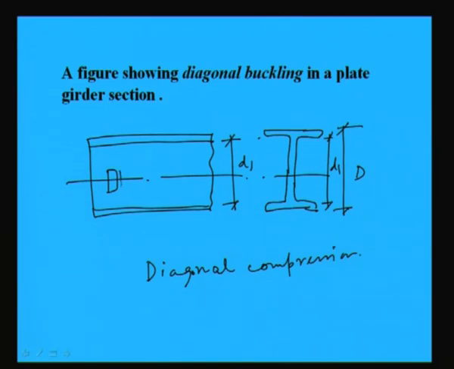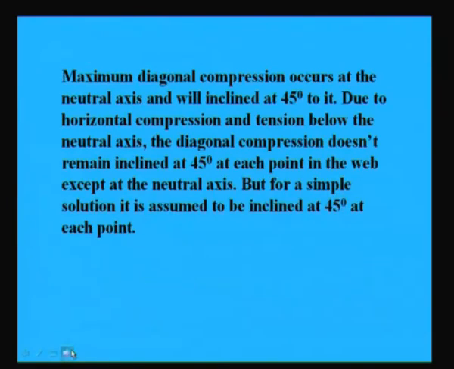Now it will be something like this. Now the things may develop in this way diagonally, right, and this will be D. Okay. So, diagonal buckling can happen in this way and it will be at a 45-degree angle.